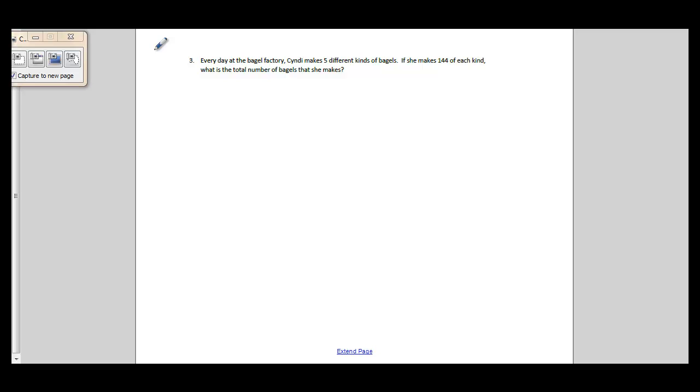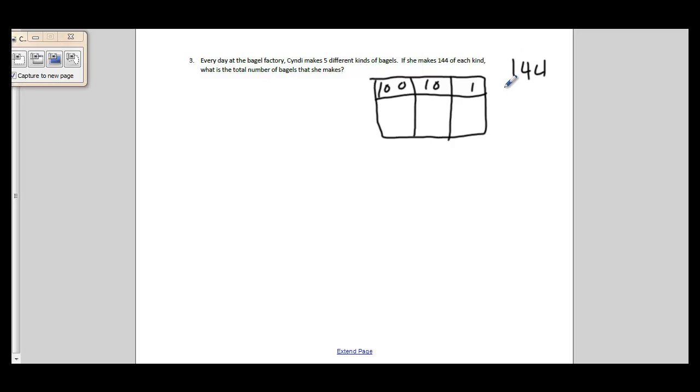So I just read it, now I'm going to draw. So in this case, I'm going to draw a place value chart because that's what we're using here, and I know you don't have a lot of room, so you can make it small. 144 times 5. Hundreds, tens and ones. So I've got 4 ones times 5, which is going to be 20.